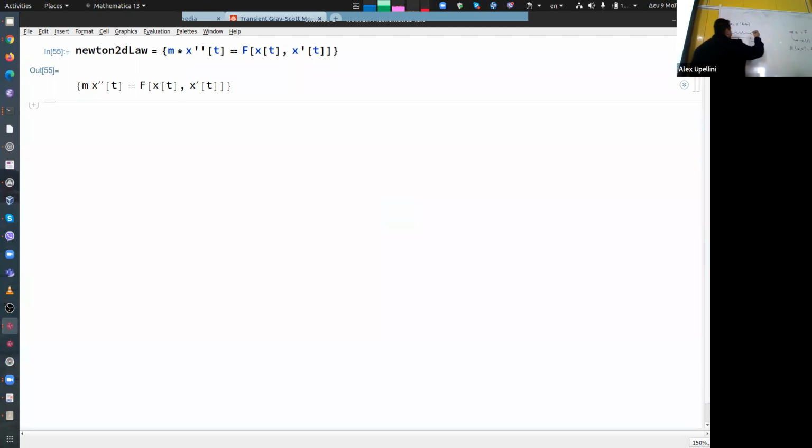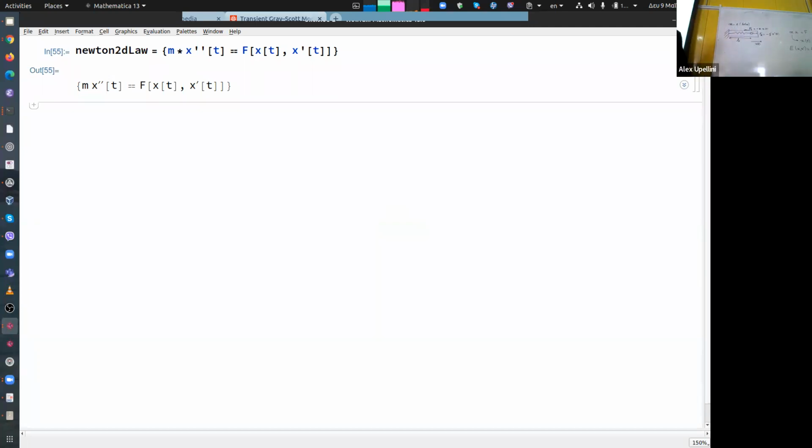So here the mass has just one force, which is Fr, minus k x of t. And if this is inside a damping medium like oil or something, I have another force, a dissipative force, minus gamma x prime.